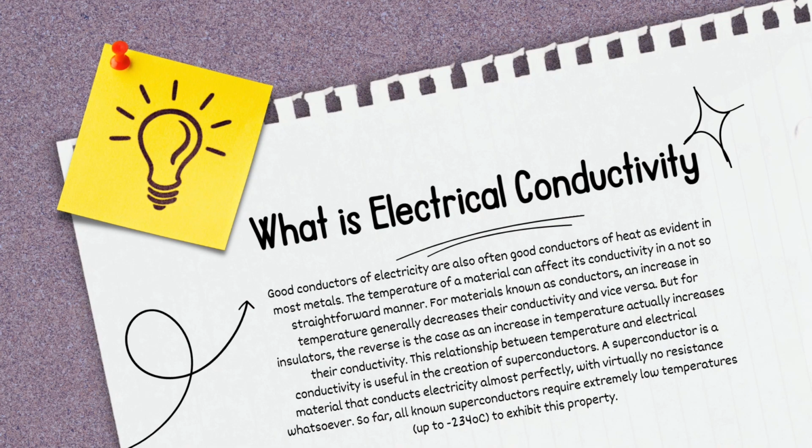This relationship between temperature and electrical conductivity is useful in the creation of superconductors. A superconductor is a material that conducts electricity almost perfectly, with virtually no resistance whatsoever. So far, all known superconductors require extremely low temperatures to exhibit this property.